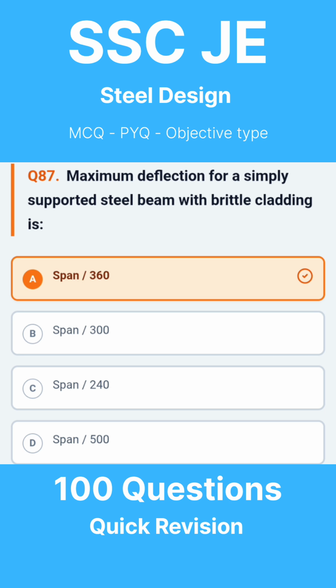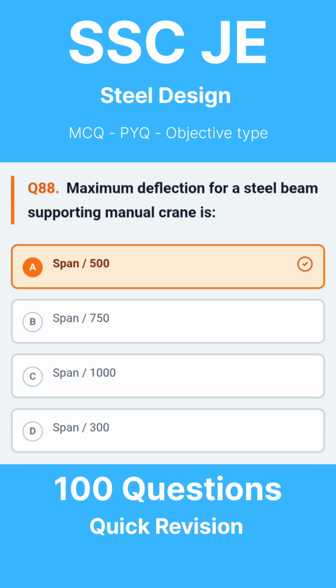Question 87. Maximum deflection for a simply supported steel beam with brittle cladding is. The correct answer is span divided by 360. Question 88. Maximum deflection for a steel beam supporting manual crane is. The correct answer is span divided by 500.